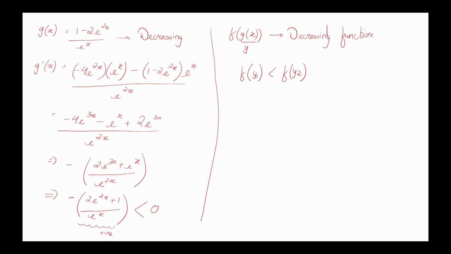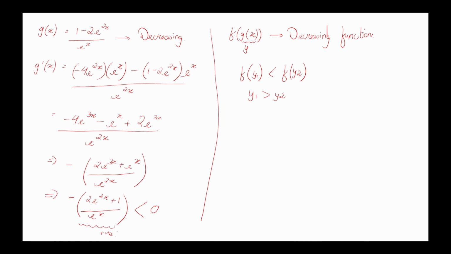That means my y1 is greater than y2. Since this is a decreasing function, for a value of x which is less, I would get a more value of y. So that is exactly what is happening here. So if f of y2 is greater than f of y1, that means my y1 is greater than y2.